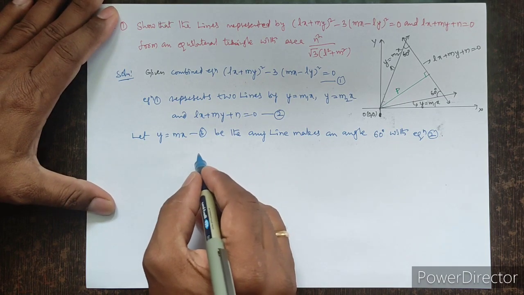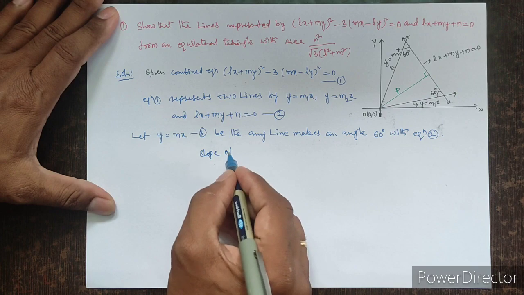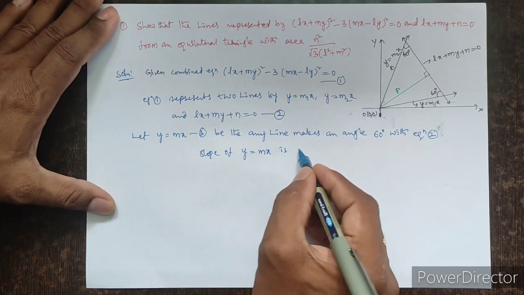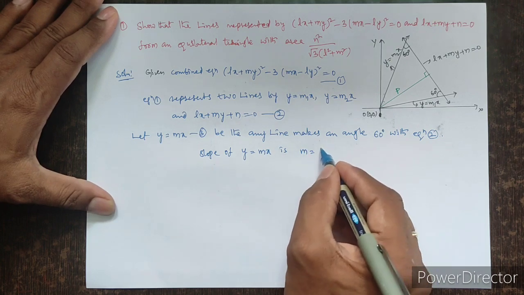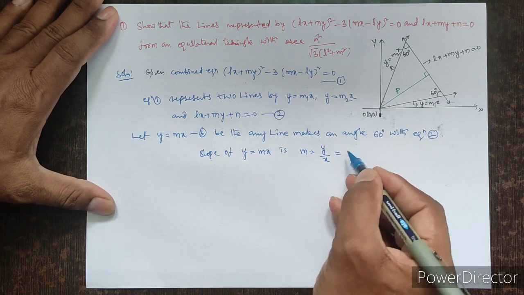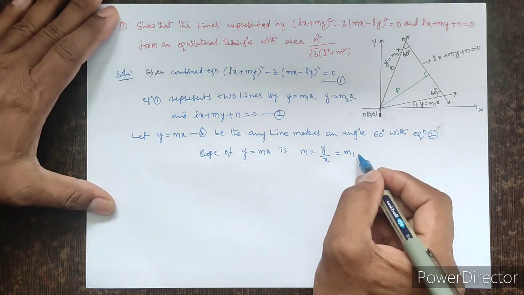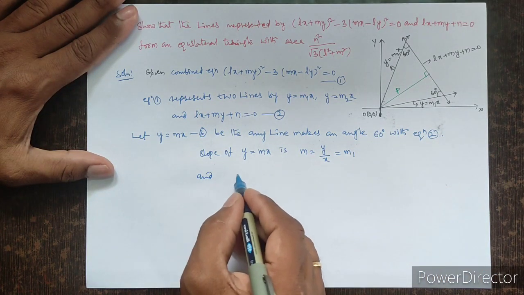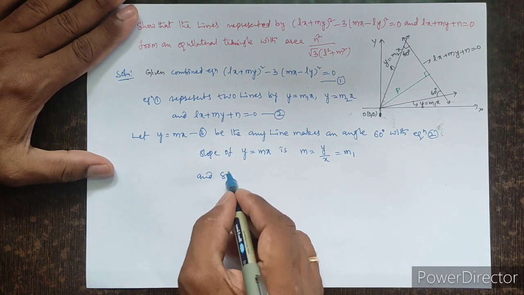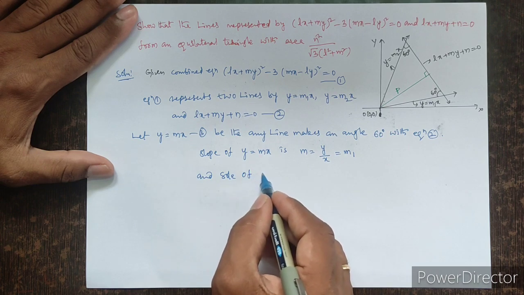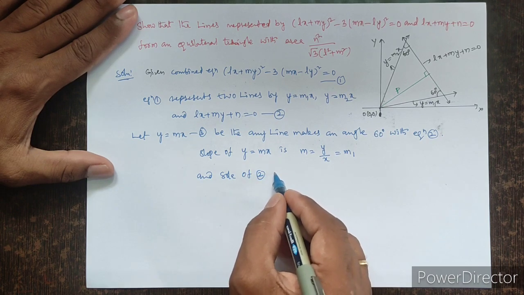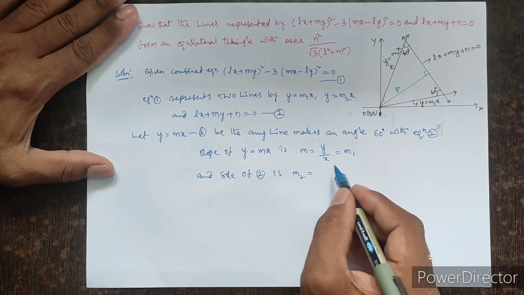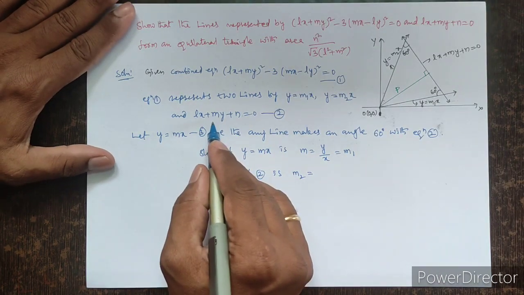Slope of y equal to mx is m1, that is y by x. Let the slope of equation 2 be m2.